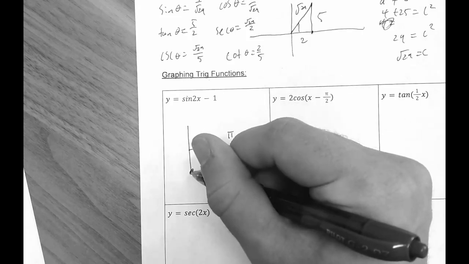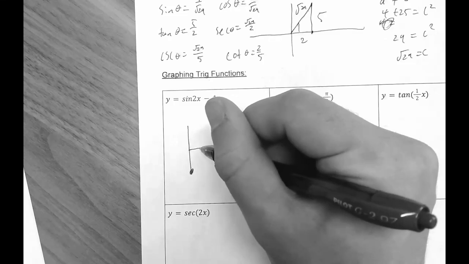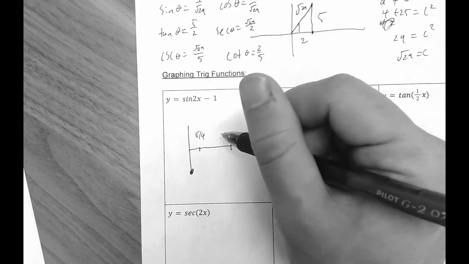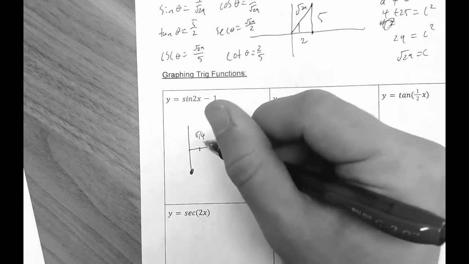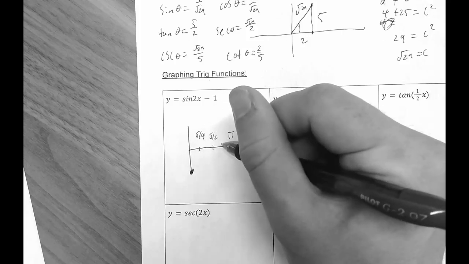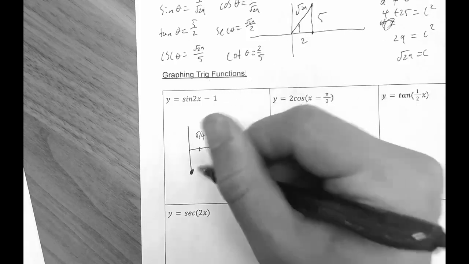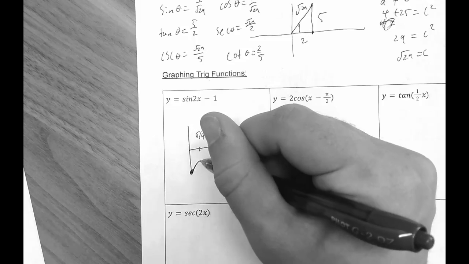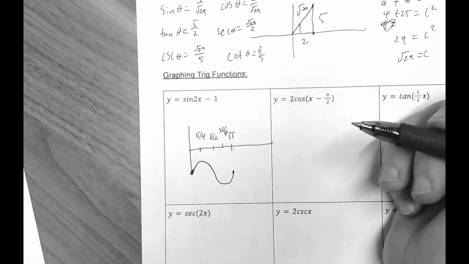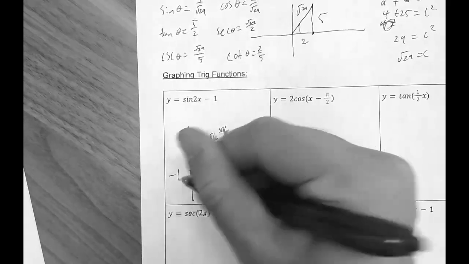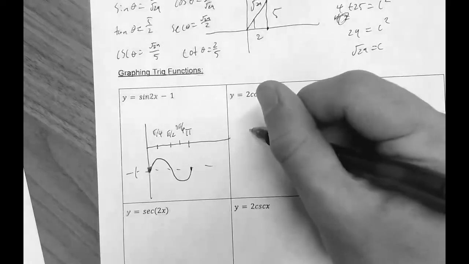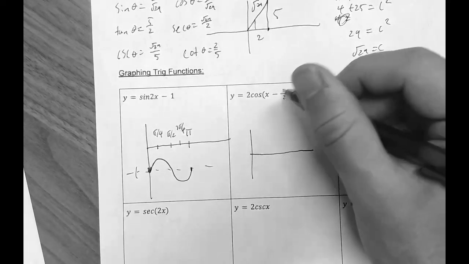So my intervals would then be at pi over 4, pi over 2, and 3 pi over 4. So it's going to go up, down, down, up. And that would be it. Okay, this is -1 right here. Amplitude's still 1, okay?